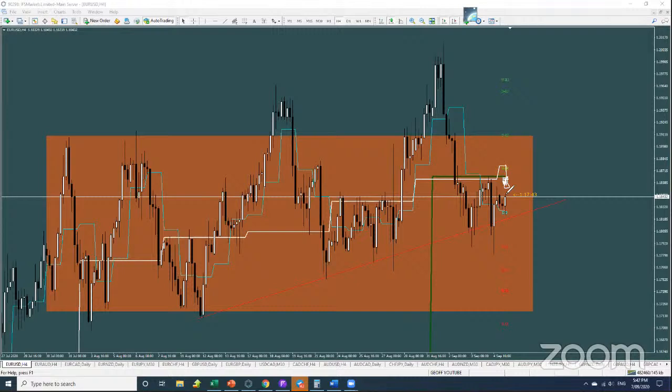And I'd place my entry underneath that bar, my stop loss above it, anticipating that this will be the lower high, which will send price down to here in the first instance. And then, pursuant to what I just said, false break, false break, false break, I fully expect this to break to the low side.